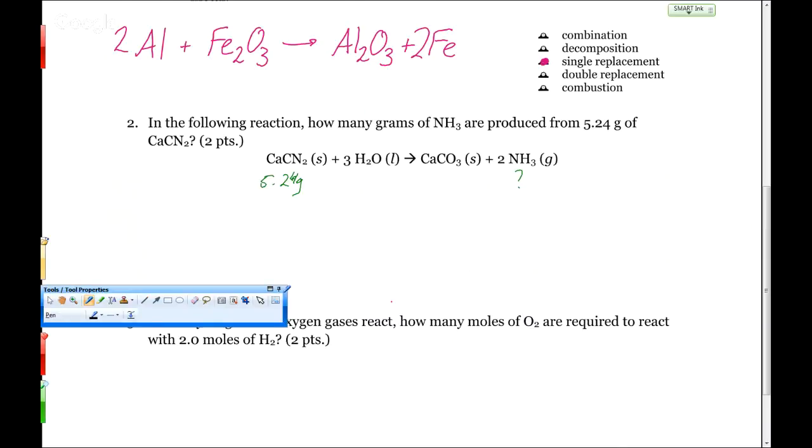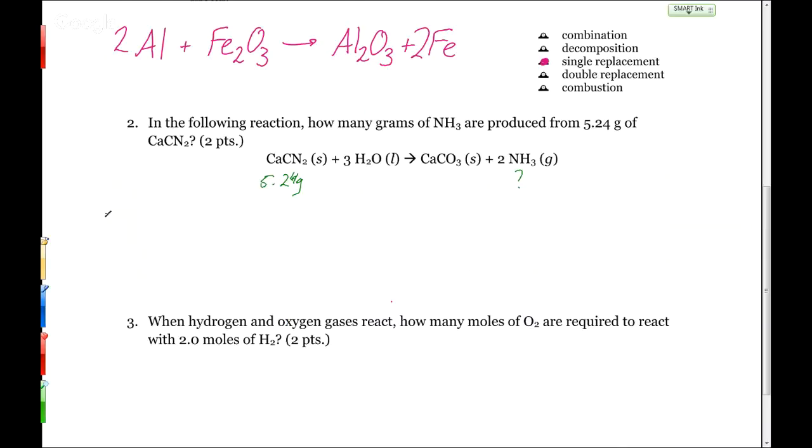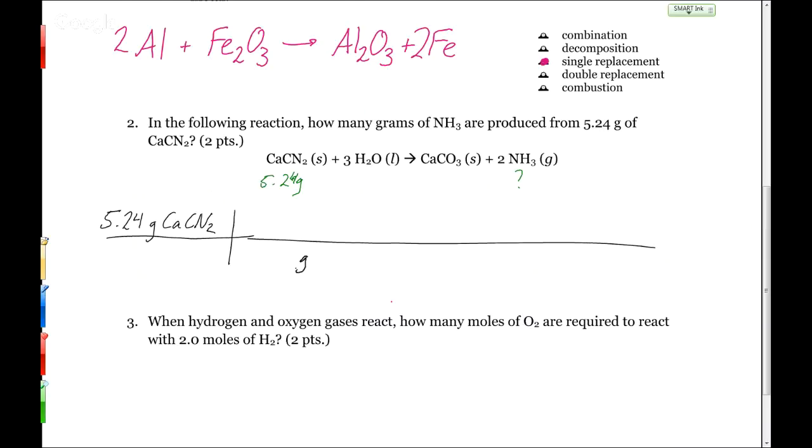So in this case, we're going to go from grams of CaCN2, so something up here, and convert that to moles.